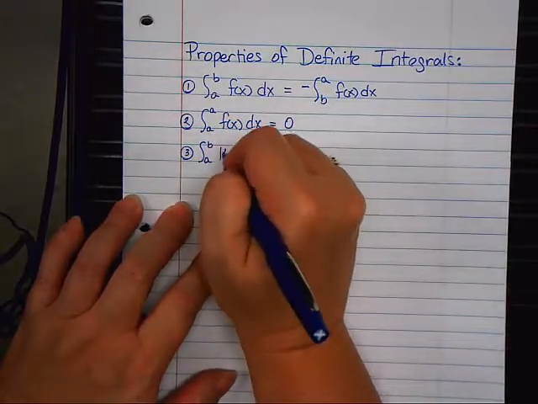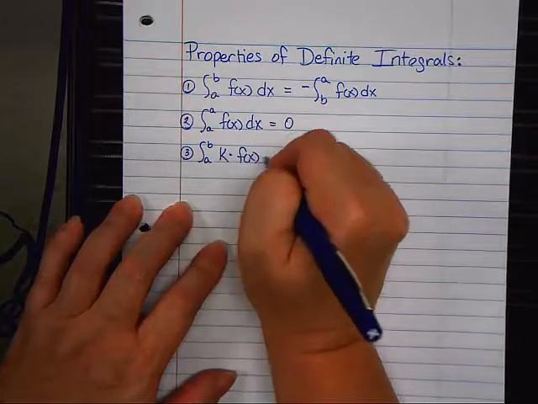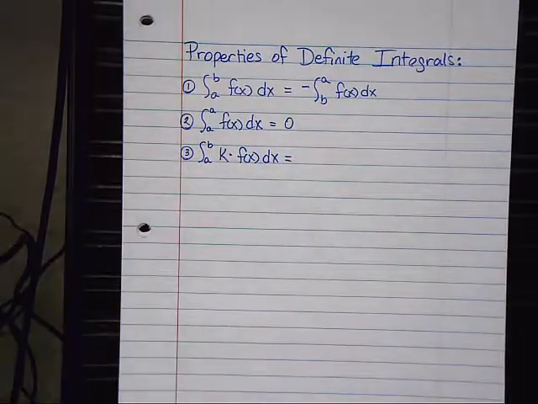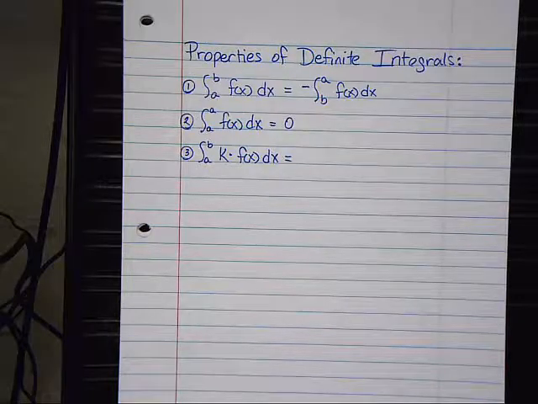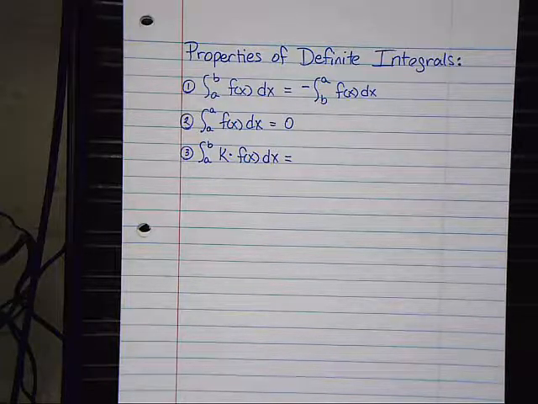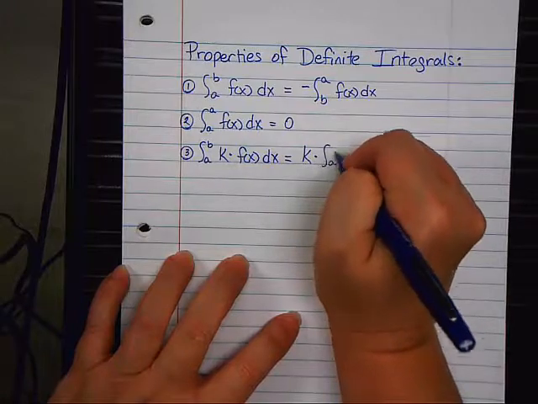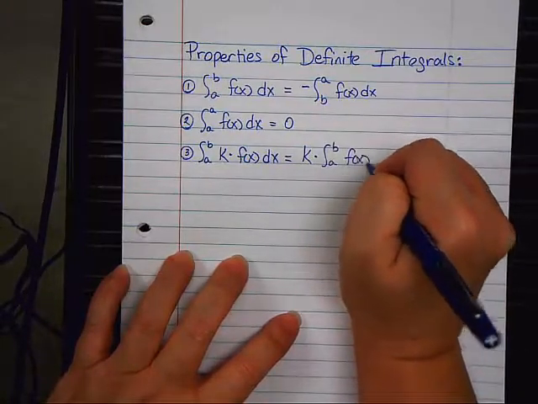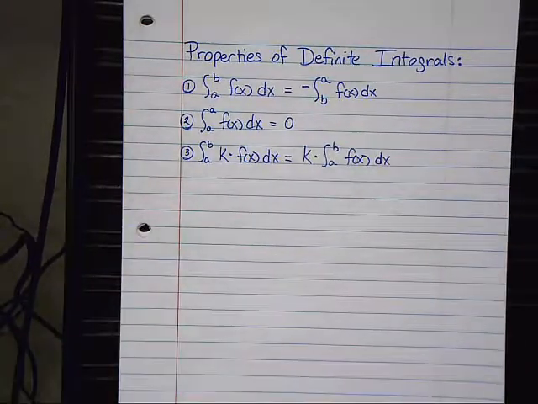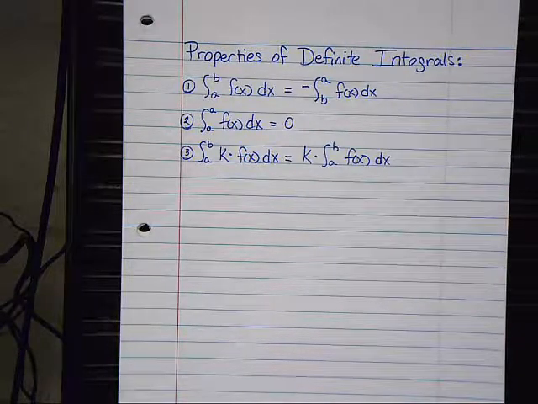Integral from a to b of k times f of x dx equals. Okay. K has always represented a constant. So the integral from a to b, if you have a constant multiplied in there, it is the same thing as k times the integral from a to b of f of x dx. So what did I do different?